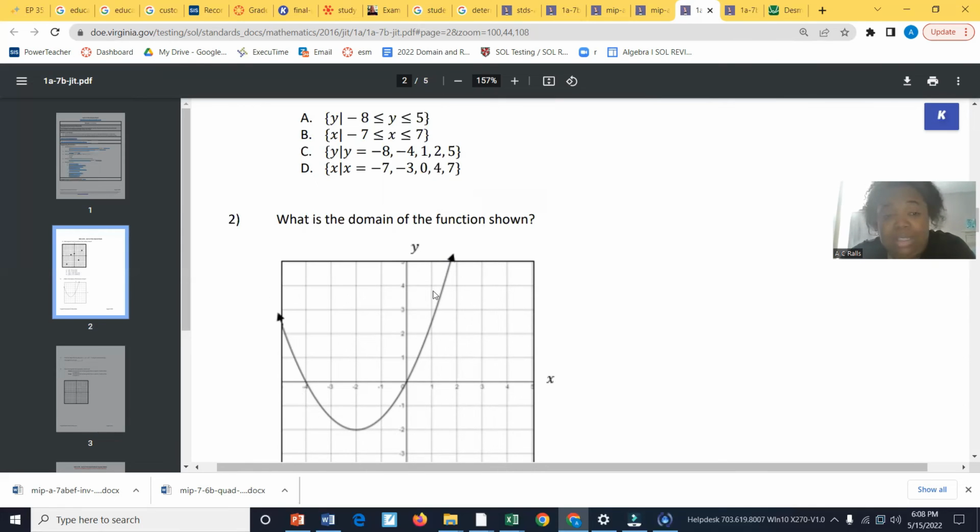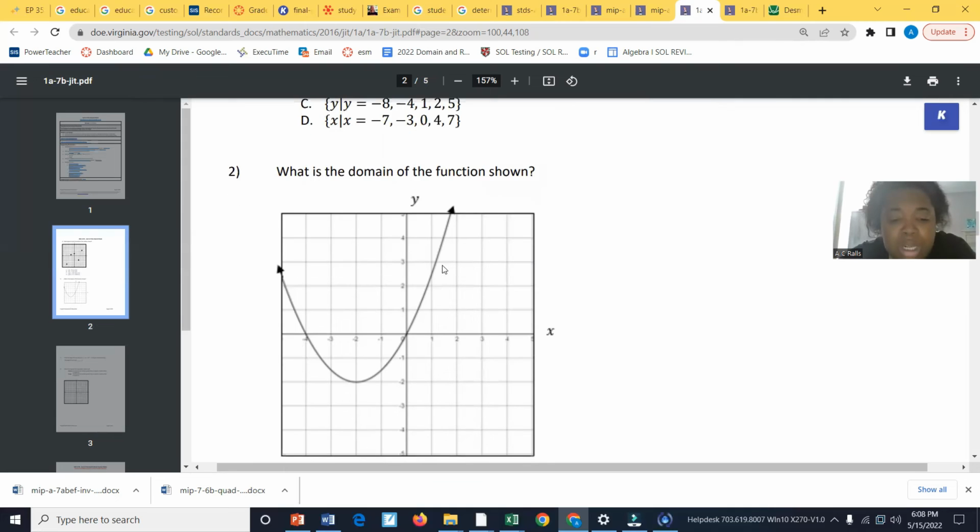That means that the domain is all reals. Now with range, it couldn't be all reals because this graph doesn't have one arrow going up and one arrow going down. So we have to look to see what's the lowest point on this graph. The lowest point happens to be here, where the y value is -2.